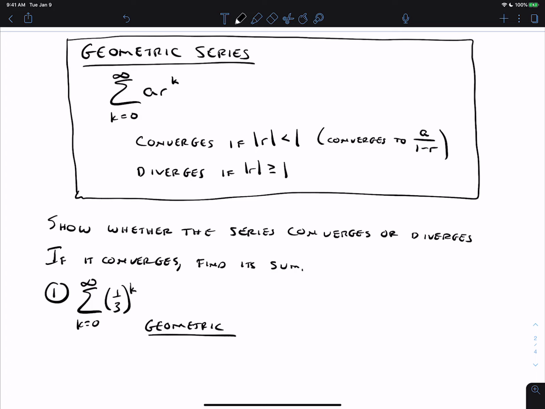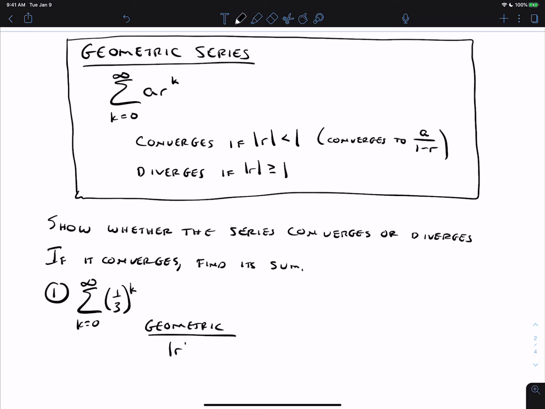If you look at the result that we've got, what determines whether or not the series converges? Does A determine that? Does R determine that? Does K determine that? Does something else determine that? What determines whether or not it converges is R, and more specifically the absolute value of R. So the absolute value of R is 1/3 in this case.